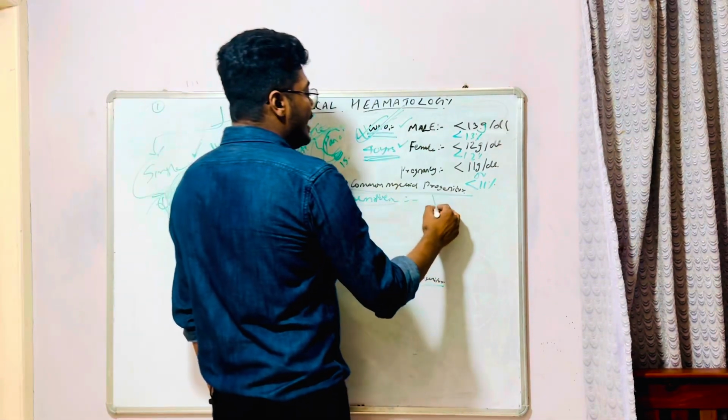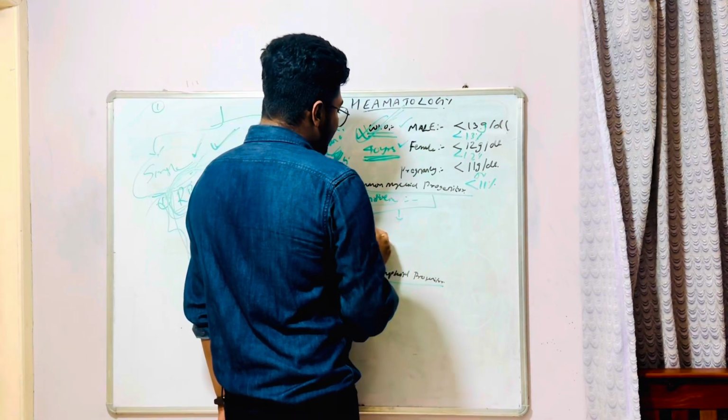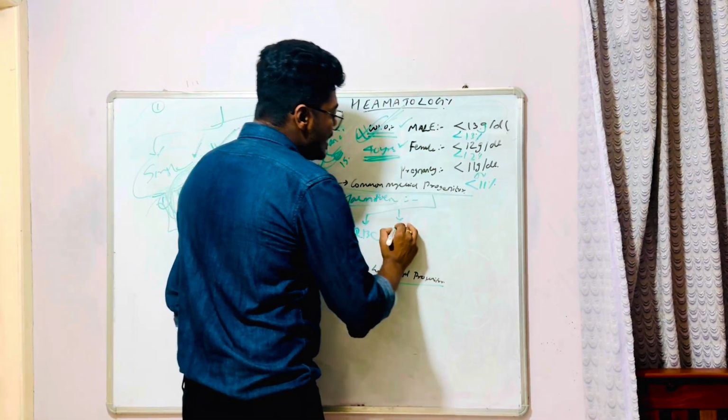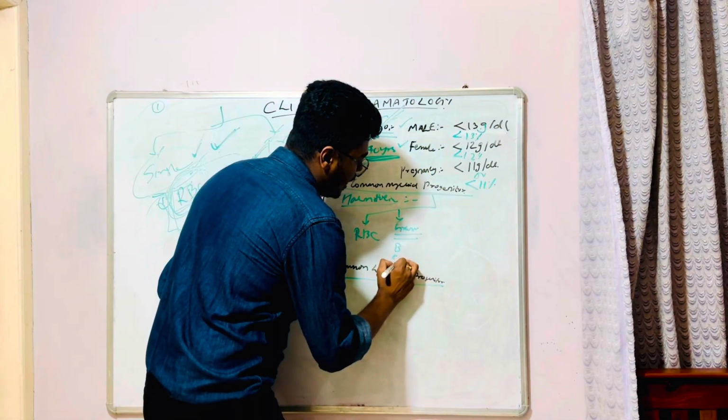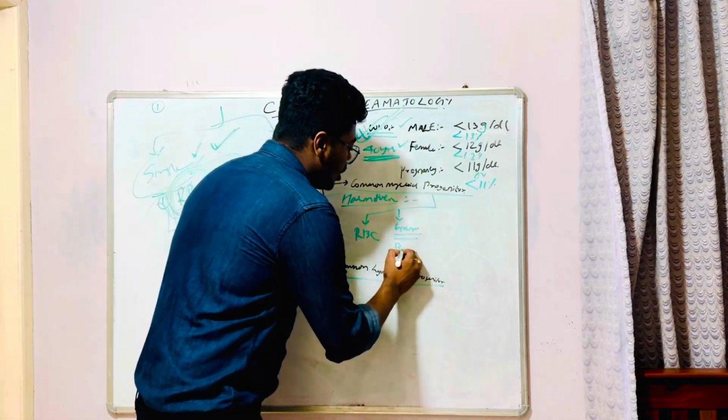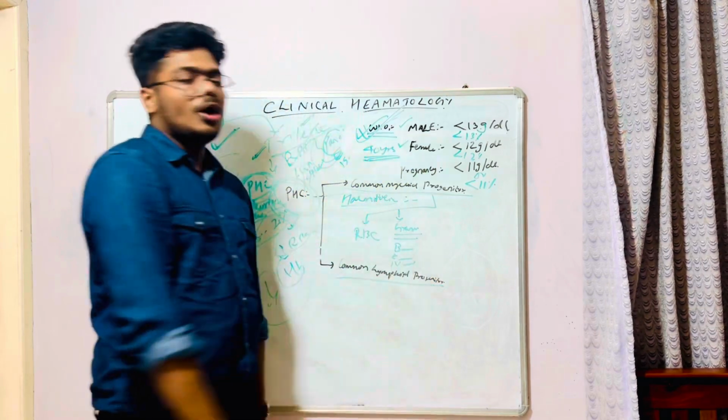From the common myeloid progenitor, you will be getting RBC, and granulocytes. What are the granulocytes? BEN. What is BEN? Basophil, eosinophil, neutrophil.